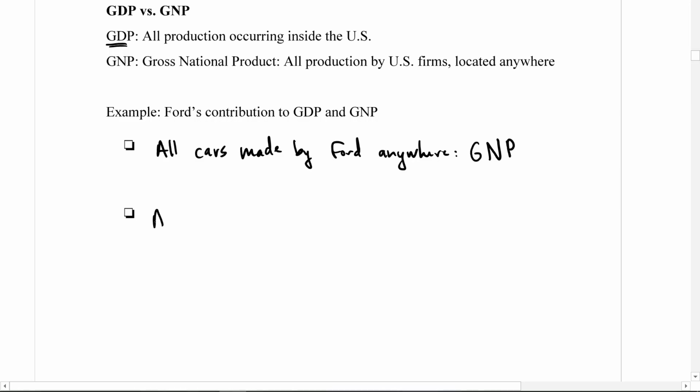Whereas all cars made within the United States, that's GDP. Same if it was Toyota or Volkswagen or any other foreign car company, they have some plants within the United States. Those cars, those foreign cars made within our borders get counted as gross domestic product.